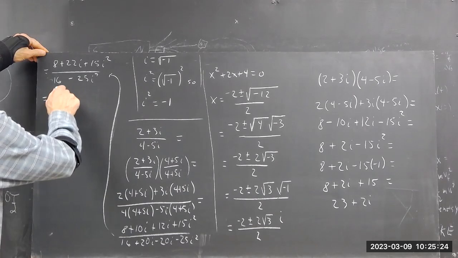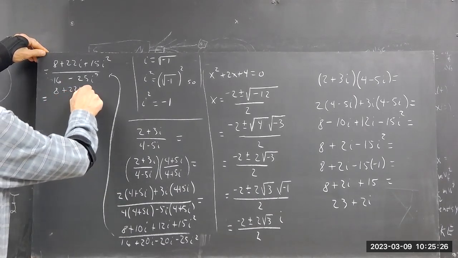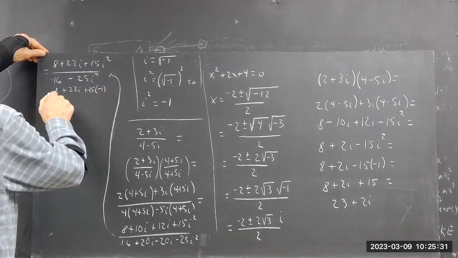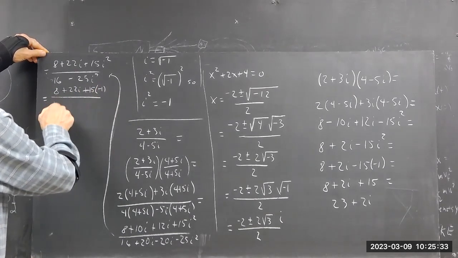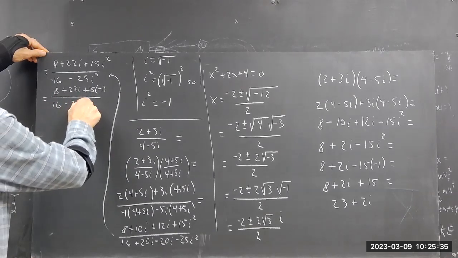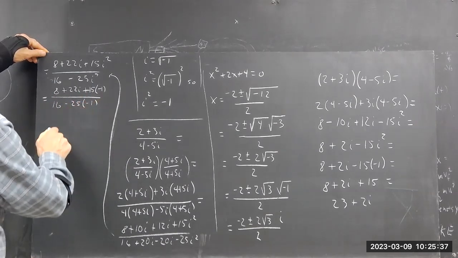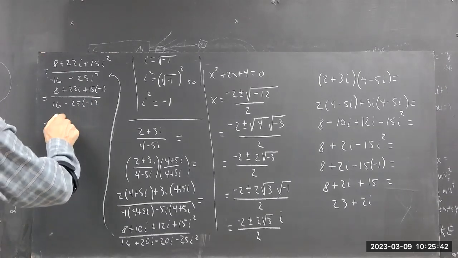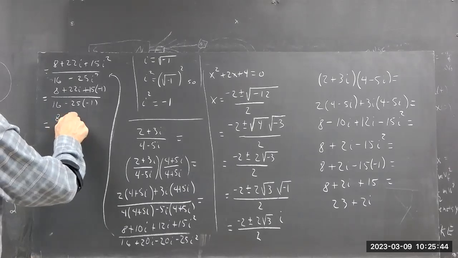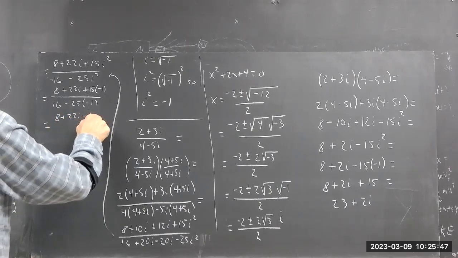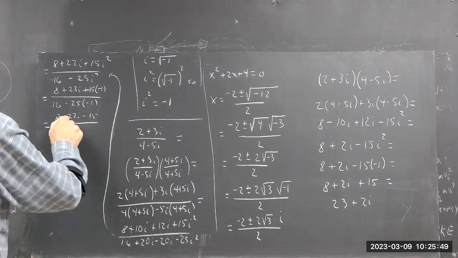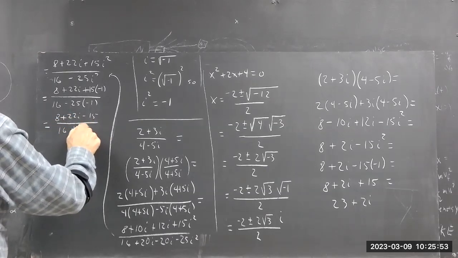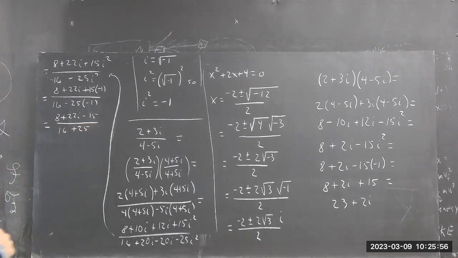So now we've got 8 plus 22i plus 15 times -1 over 16 minus 25 times -1. And this equals 8 plus 22i minus 15 divided by 16 plus 25.